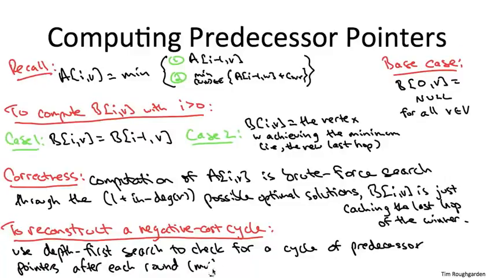And if the input graph does have a negative cost cycle, then at some iteration you will see a cycle amongst the predecessor pointers. Furthermore, that cycle of predecessor pointers must be a negative cost cycle of the original input graph. This means that detecting a negative cost cycle, if one exists, reduces to checking for a cycle in the predecessor pointers, which of course you can solve using depth first search at every iteration.